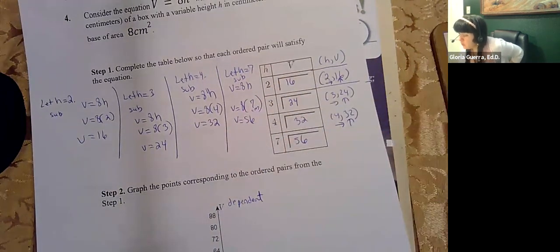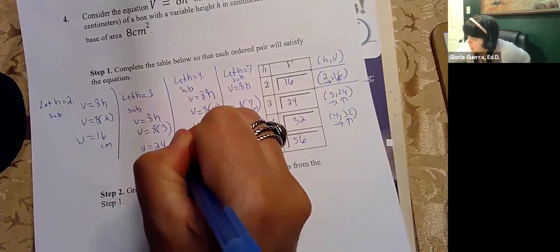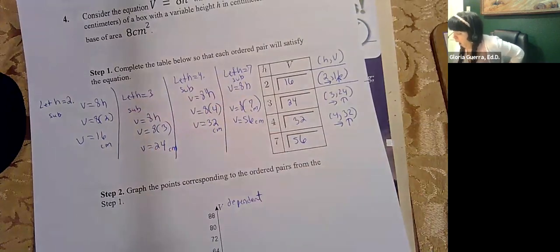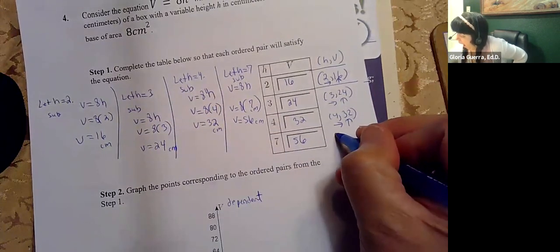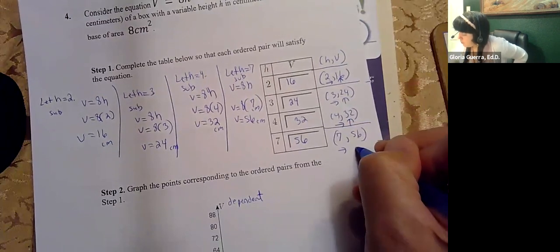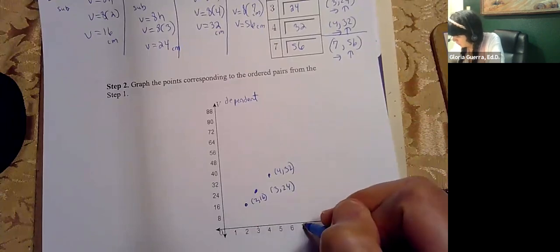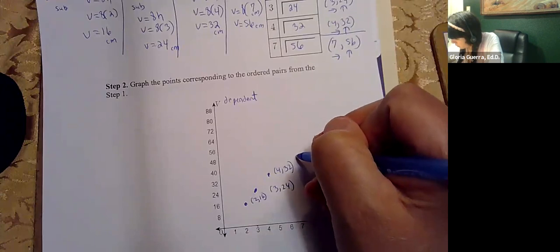That's 7 centimeters. 8 times 7. So those are all centimeters, in case you're wondering. And this is the point (7, 56). You would go to the right 7 and then go up. Right here.